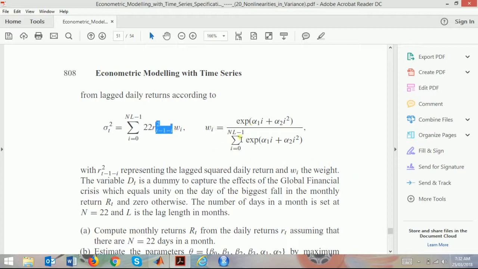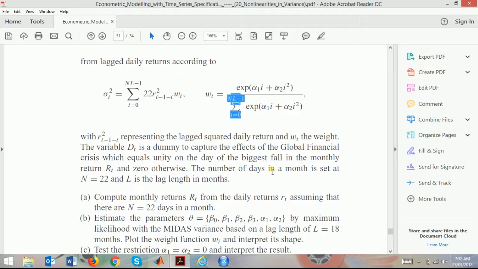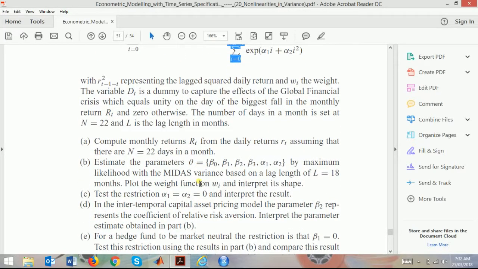The weight is the exponential of alpha 1 I plus alpha 2 I square, divided by the summation over I up to lag n monthly 22 days of exponential alpha 1 I plus alpha 2 I square, so an exponential distribution. We want to compute monthly returns from daily returns, assuming there are 22 days in a month.